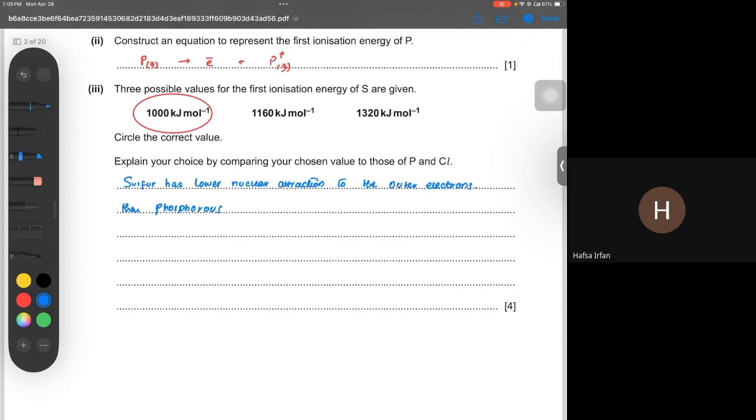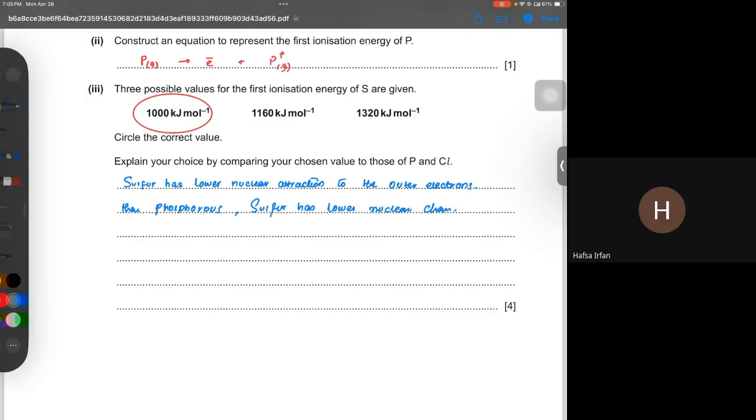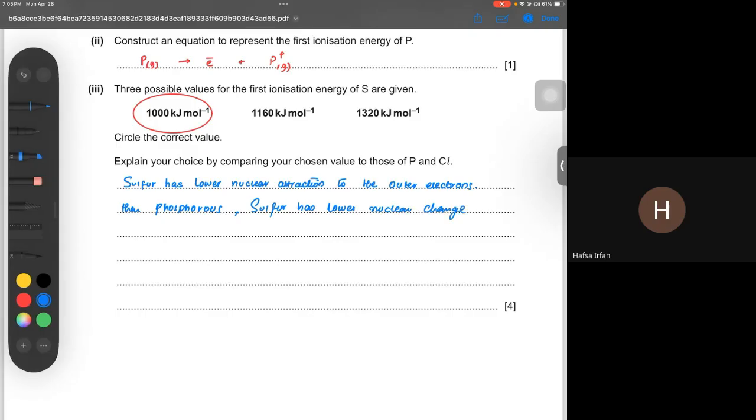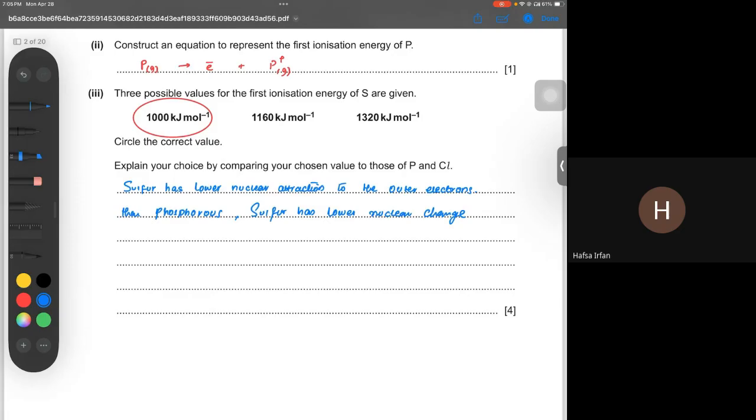It is worth 4 marks. And then sulfur has lower nuclear charge than chlorine.